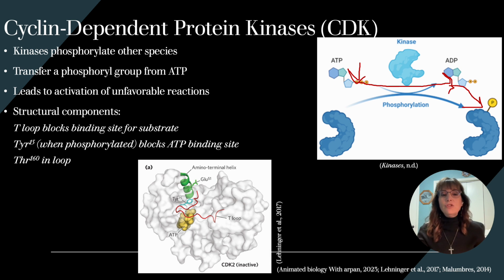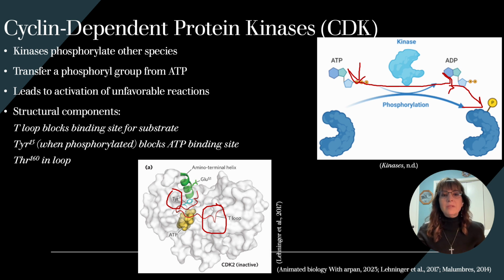So that reaction has some energy to do what it needs to do. There are some significant structural components to a CDK that we need to be aware of. First, there is this T loop. We're going to talk about that pretty significantly because it often blocks the binding site for a substrate. We're also going to note over here this TYR15, this tyrosine 15 residue. When it is phosphorylated, it blocks the ATP binding site, and we're going to see how that is rectified in just a moment.